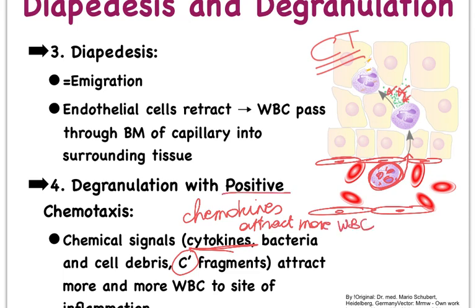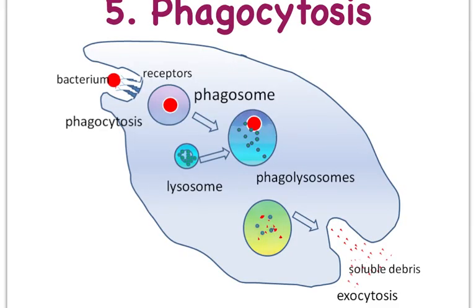And that's why we say positive chemotaxis. Positive chemotaxis is the term used to say that the cells are moving towards where the stimulus is. Essentially, if they were moving away from it, it would be a form of negative chemotaxis, which is not applicable in our process of inflammation here.